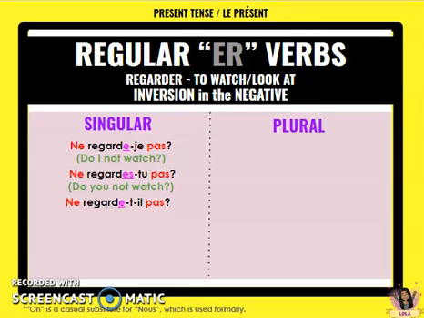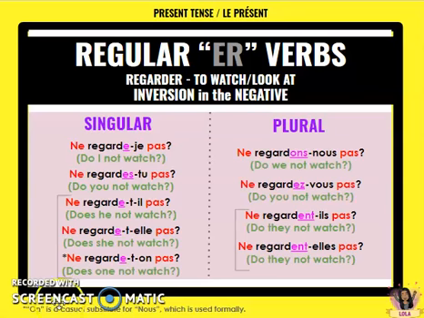Ne regarde-t-il pas? Does he not watch? We continue doing the same for everything else, the ne before the verb and the pas after the pronoun or subject. Ne regarde-t-elle pas? Ne regarde-t-on pas? Ne regardons-nous pas? Ne regardez-vous pas? Ne regarde-t-il pas? Ne regarde-t-elle pas?